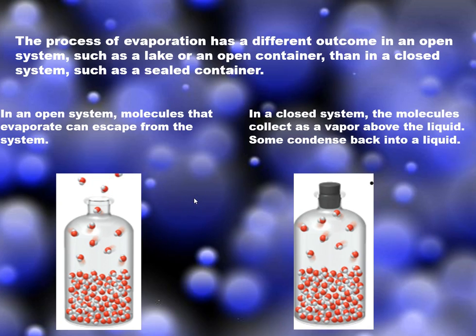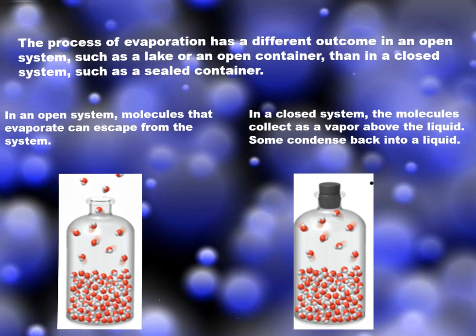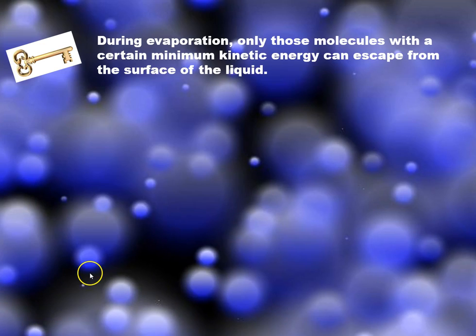In a closed system, the molecules collect as a vapor above the surface of the liquid. So if this is the liquid down here, these particles have escaped, have gone into the vapor phase, and as they're moving around, they can collide against the surface of the liquid and actually go back into the liquid state. So they go into the gaseous state and back into the liquid and go back and forth until you reach an equilibrium.